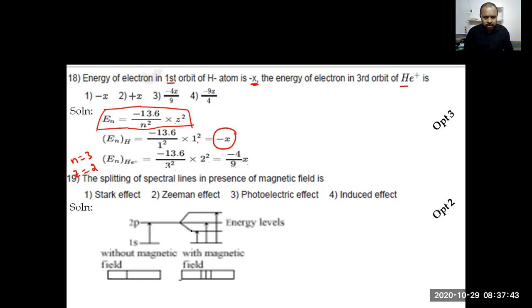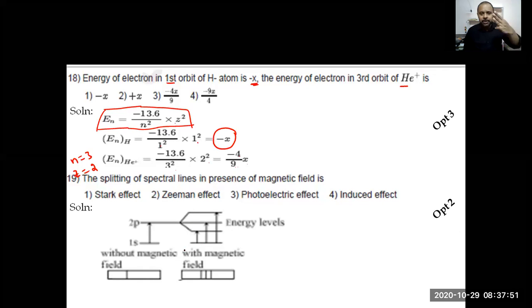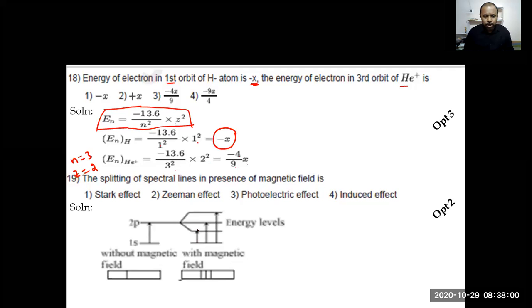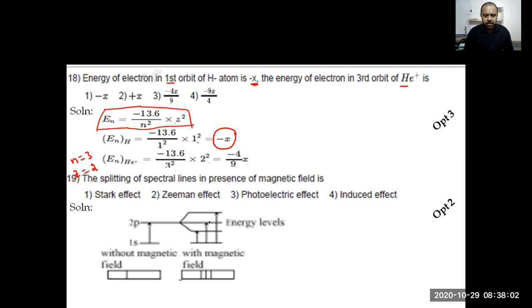That's because there are orbitals in the hydrogen atom: 1s orbital, 2s orbital, 2p orbital, like that. We know the 2p subshell has 3 orbitals in it. Every time an electron transitions to any one of the 3 orbitals and comes back, there can be different energies.